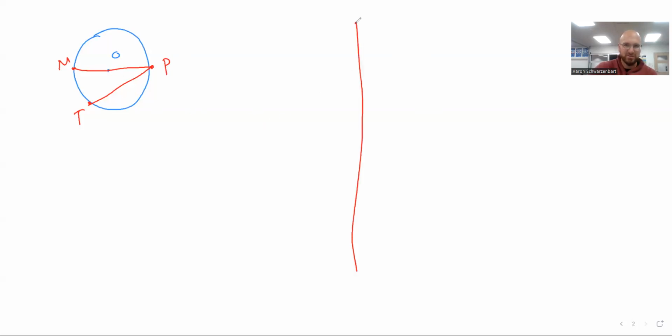So my two-column proof. This is my favorite type. Got my statements on my left here. You should know this by now. I've got my reasons on my right.